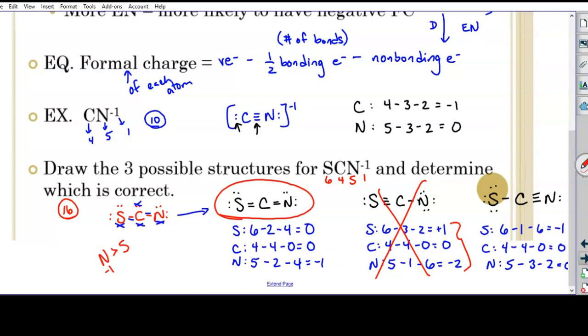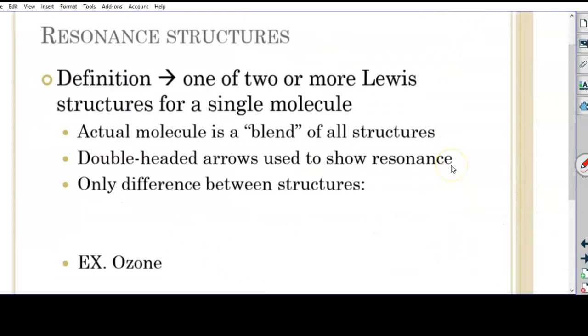Let's continue. We're going to run quickly through resonance structures. Resonance structures are really similar to what we just did. It's when there are 2 or more Lewis structures for a single molecule. The actual molecule is a blend or an average of all structures.